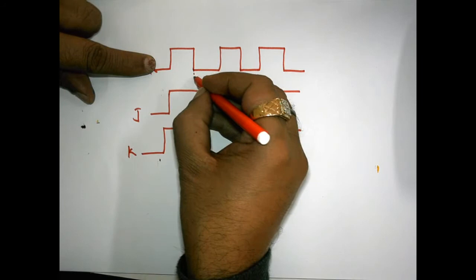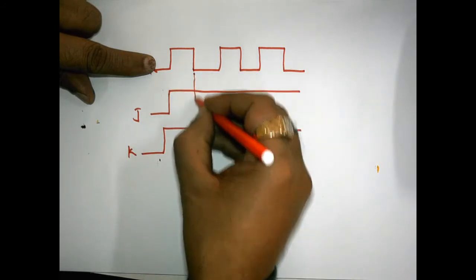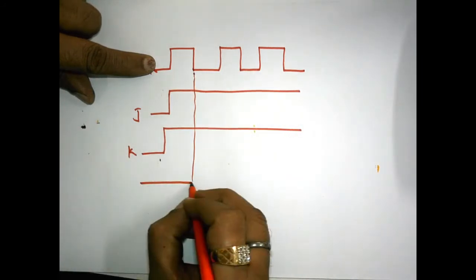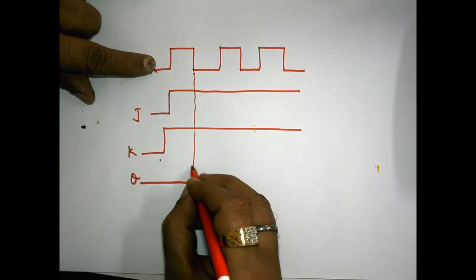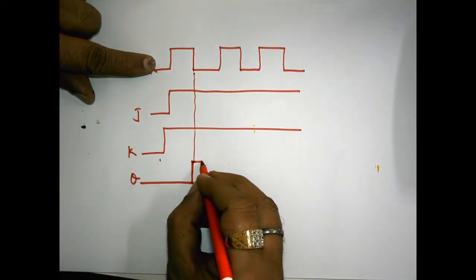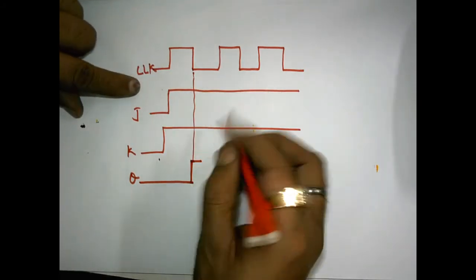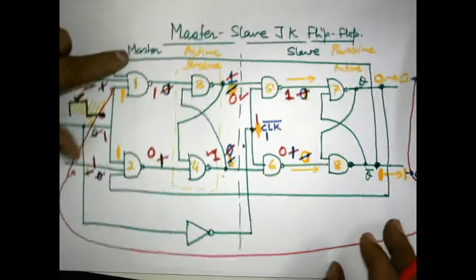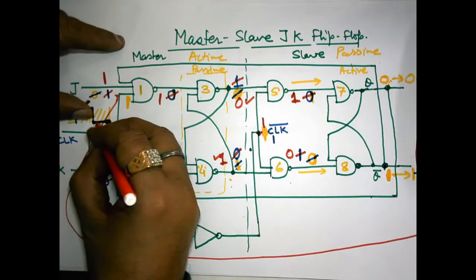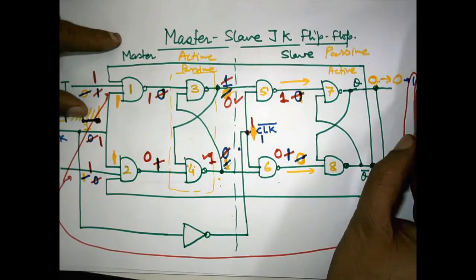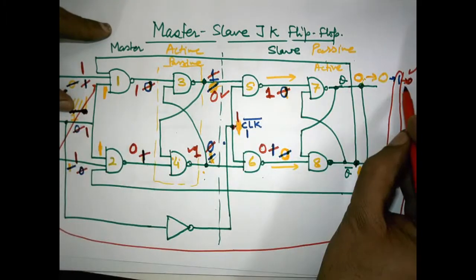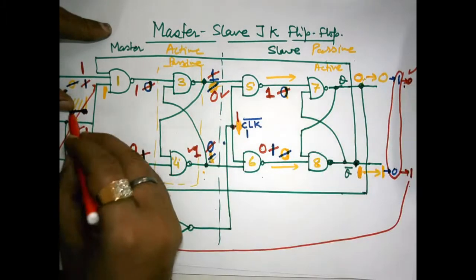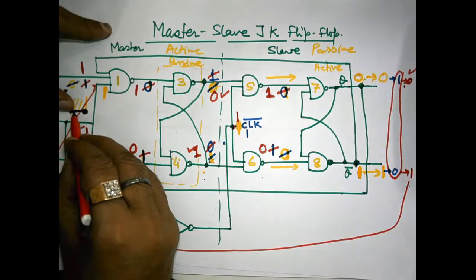Basically at this point Q became from 0 to 1. Q was 1 before the arrival of this time instant, and it became 0 just after the arrival of this time instant.